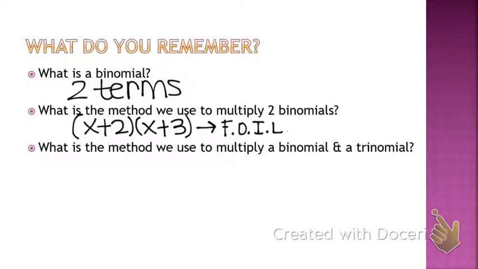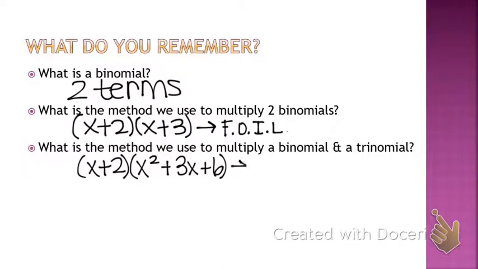But you also learned in 7.2 what to do if it was a binomial times a trinomial. What's a trinomial? An expression with three terms. Very good. So that would be x plus 2 times something like x squared plus 3x plus 6. Does foiling work if one's a binomial, one's a trinomial? No. So what was the method that you learned in 7.2?